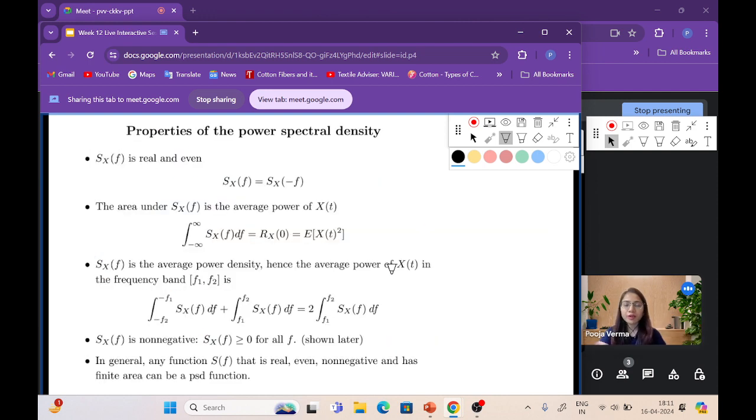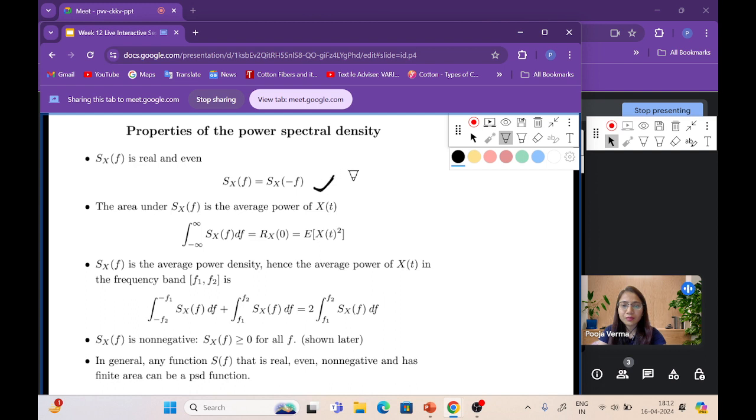So what are the different properties of the power spectral density? There are some properties of the power spectral density which are useful while solving a question. The first: if Sx of f is real and even, then Sx of f is equal to Sx of minus f.